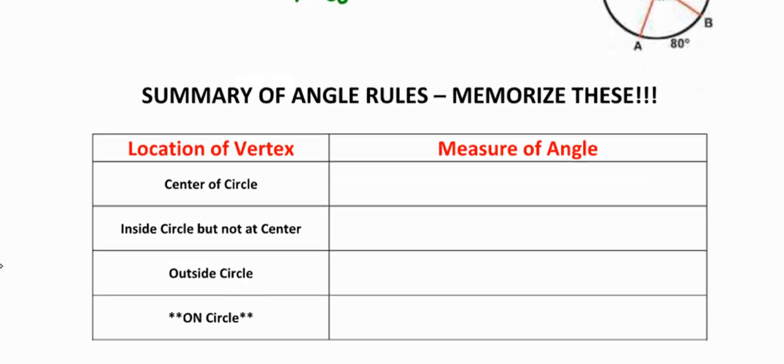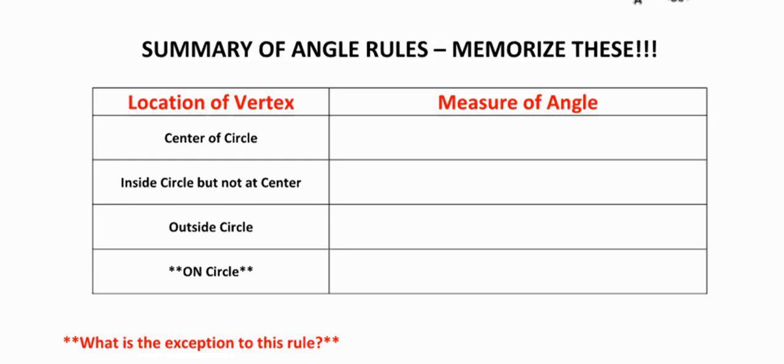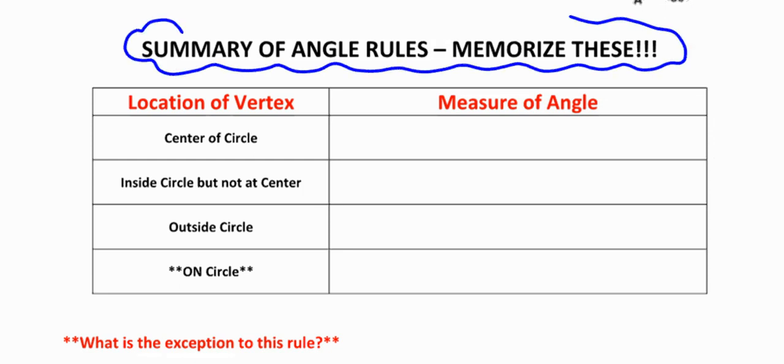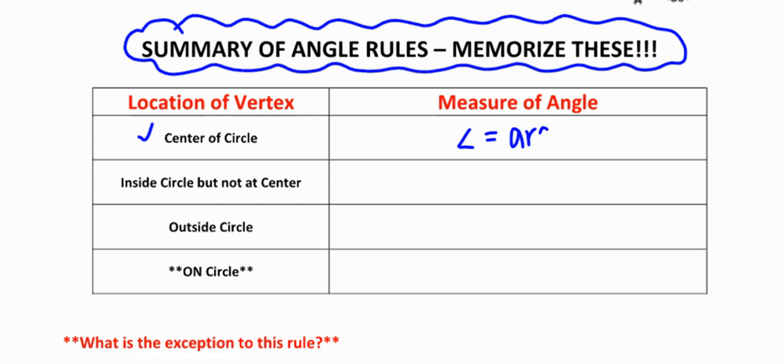In this video, I've given you a lot of different formulas. What's going to be really important is that you memorize these rules, memorize the formulas. It seems like kind of a lot, but when the location of the vertex was at the center, that's review from yesterday. We said the degree measure of the angle was equal to the degree measure of the arc.